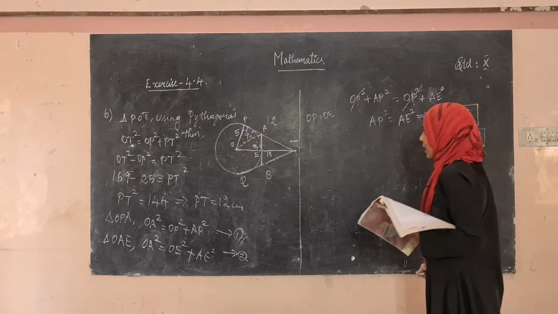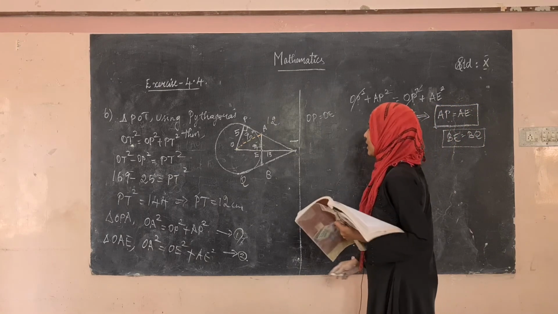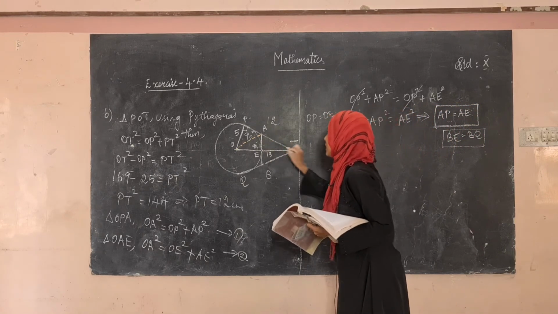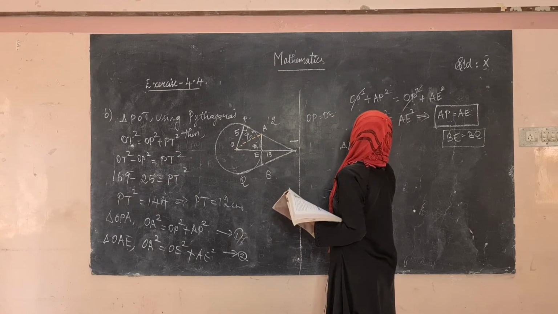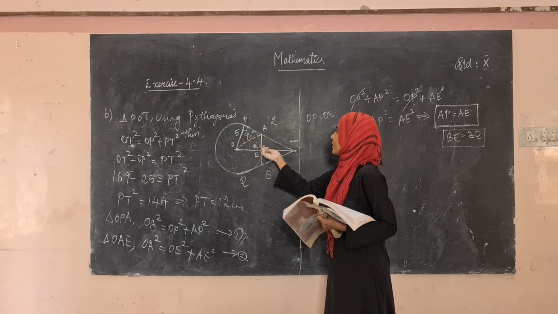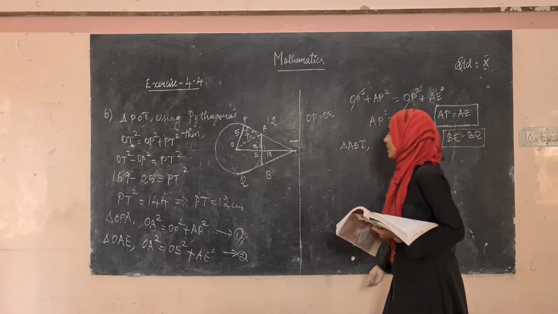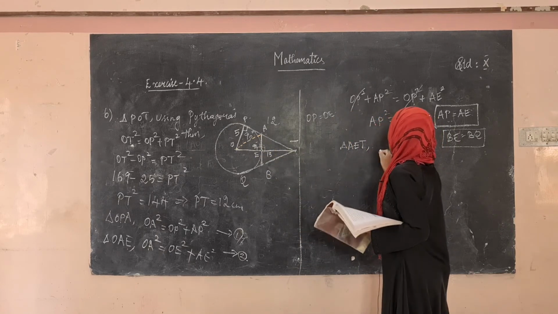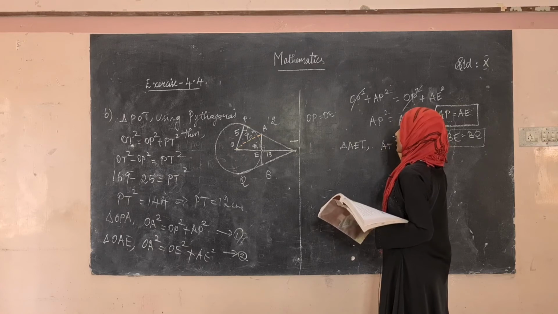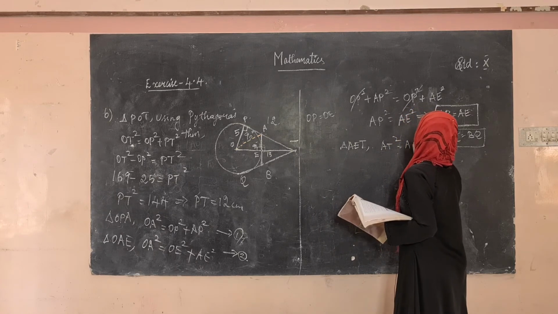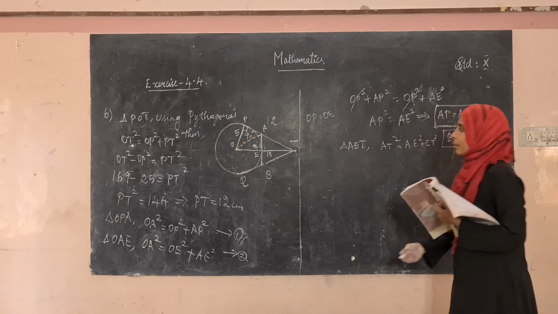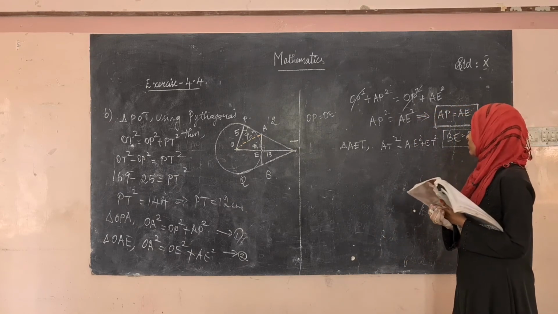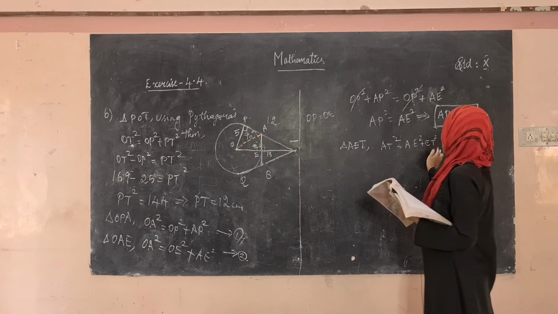Now, what we are going to do is take the triangle AET. In triangle AET, this angle at E is also 90 degrees, right? So AT square is equal to AE square plus ET square.